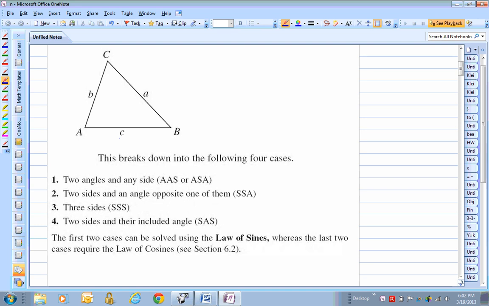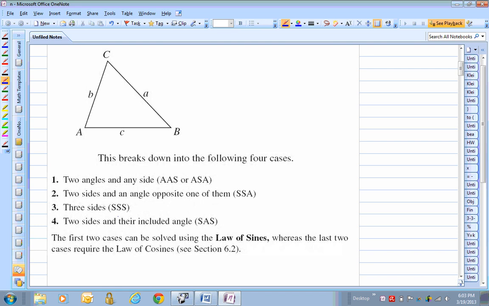This breaks down into four cases when we are talking about oblique triangles. We can have two angles and any side, which would be angle-side-angle or angle-angle-side. This is all from geometry. We could have two sides and an angle opposite one of them, which would be side-side-angle.